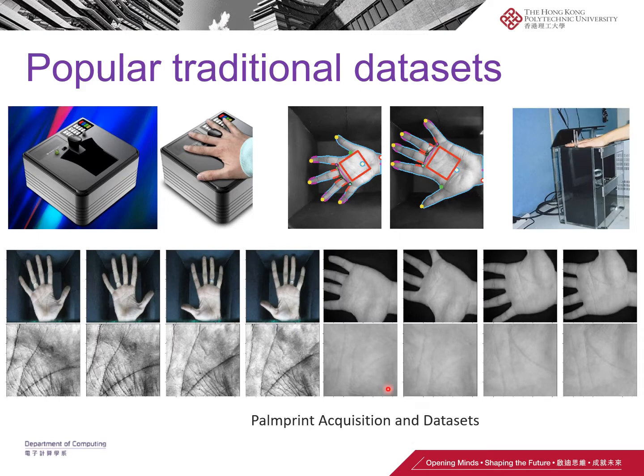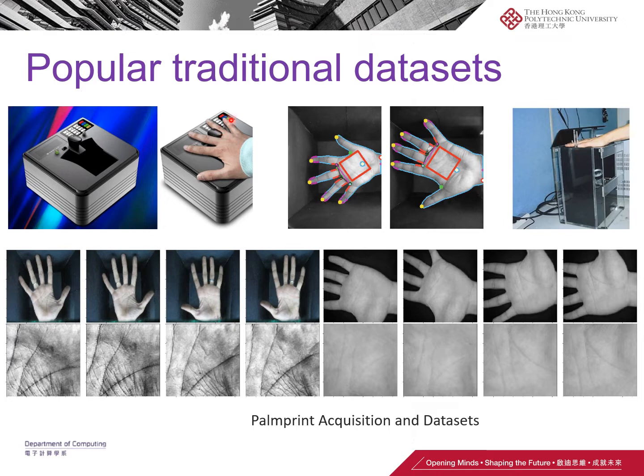Here are some samples for palm print recognition. To recognize the palm print, we usually take only this part of the palm, so we need the palm to have a very similar orientation. To do that, people have designed devices for capturing those palm prints.